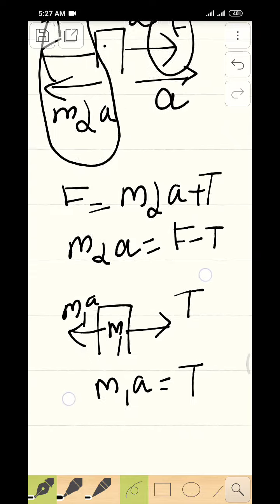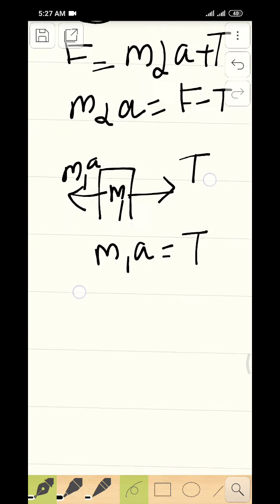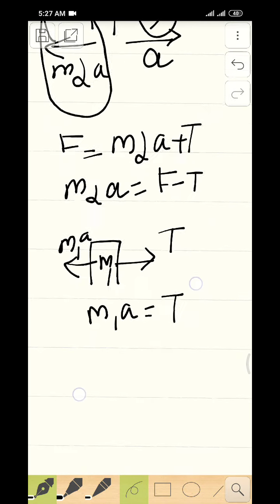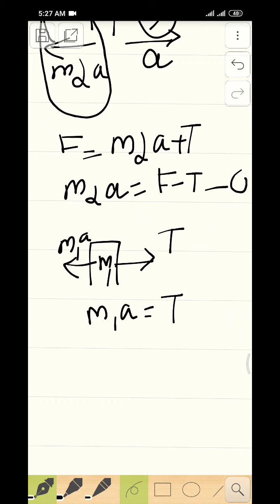Okay, so now let us see. You have two equations, equation 1 and equation 2. Now let us divide equation 1 by equation 2.